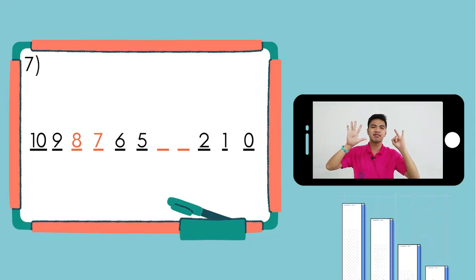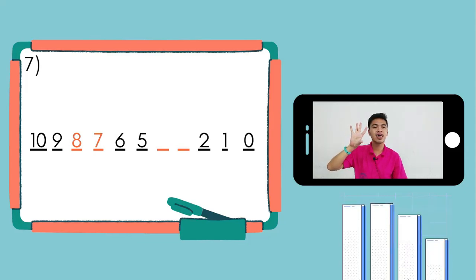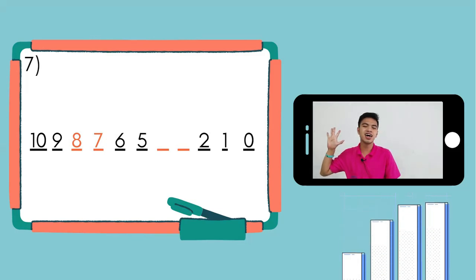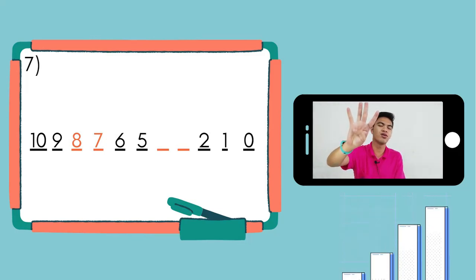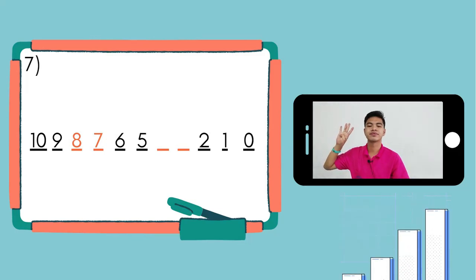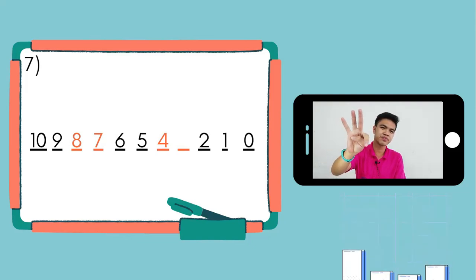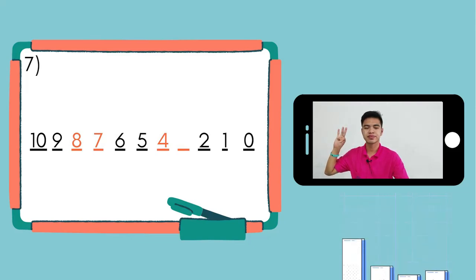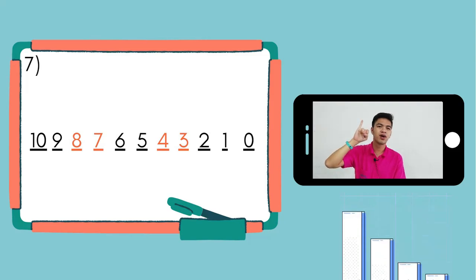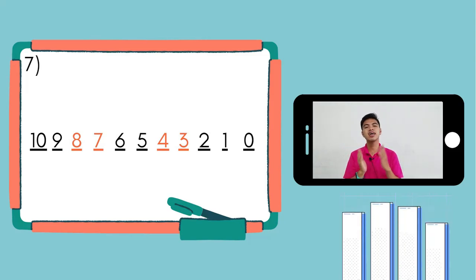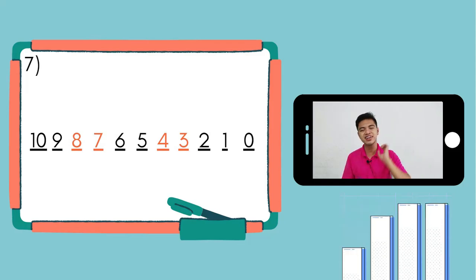And then, it will be 6, 5, and then, what is the next number? Good job, it will be 4. Okay, so let's write 4. And then one more down. It will be 3. And then 2, 1, and 0. So we have the series of numbers from 10, 9, 8, 7, 6, 5, 4, 3, 2, 1, and 0.